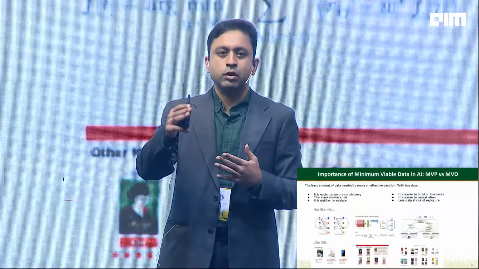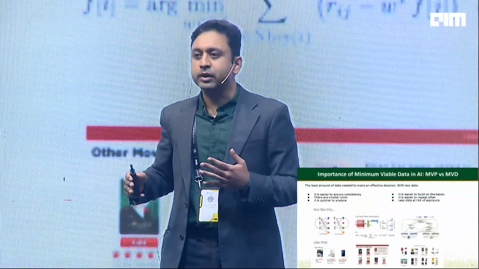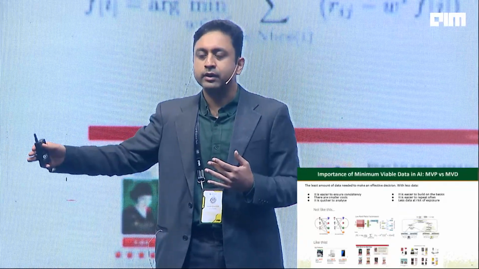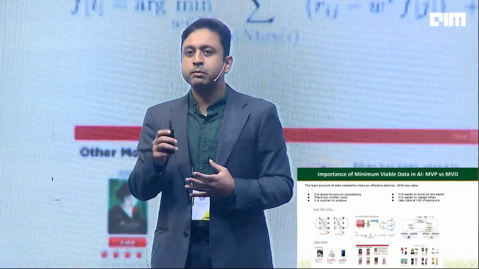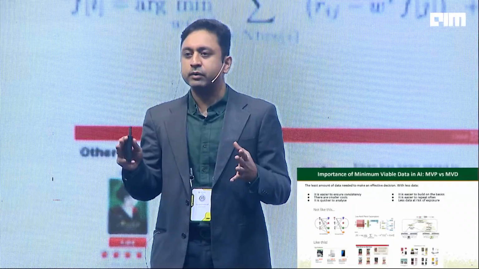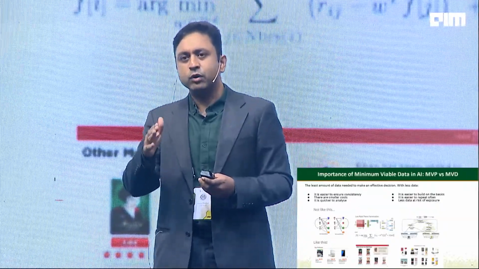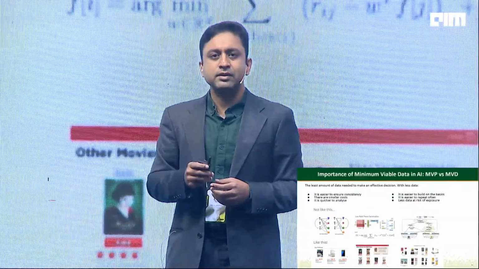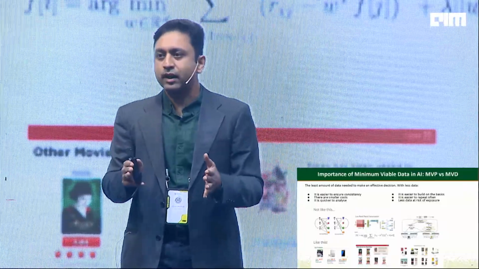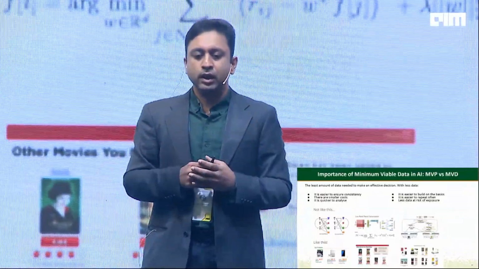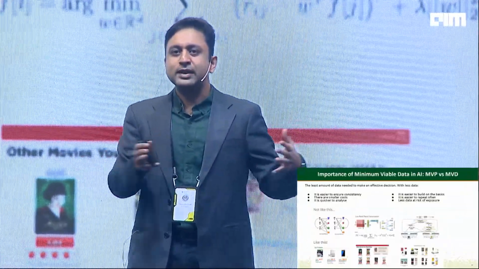But hey, we got to draw a line somewhere to begin development, right? We can't keep hunting for data all the time. And that's where having the concept of minimum viable data becomes very, very important, right? Why is it important? Of course, we have to draw a line somewhere. The other important thing is we have to manage costs as well, right? Smaller data is also easier to analyze.